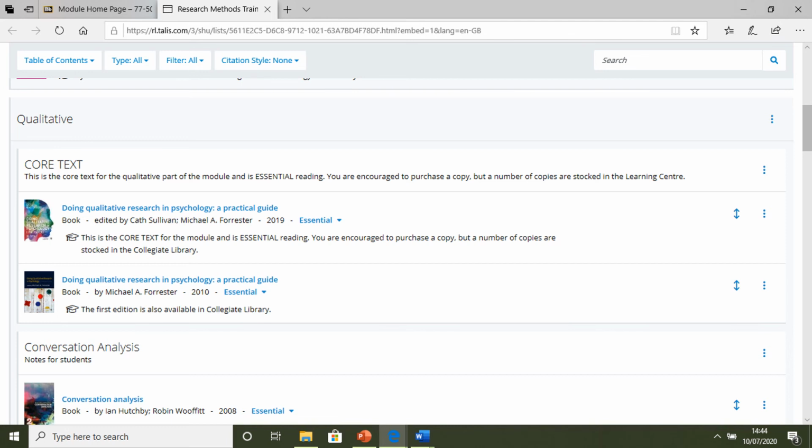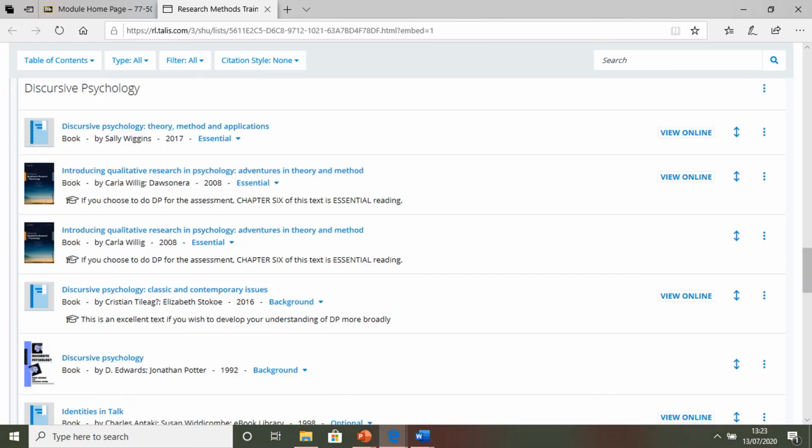You'll scroll down inside, there are two boxes, so you need to scroll down inside the box to get onto the qualitative readings. You'll go down past some quantitative readings and then you'll see the core textbooks, and then if you scroll all the way down past the conversation analysis readings, you'll get to some discursive psychology books.